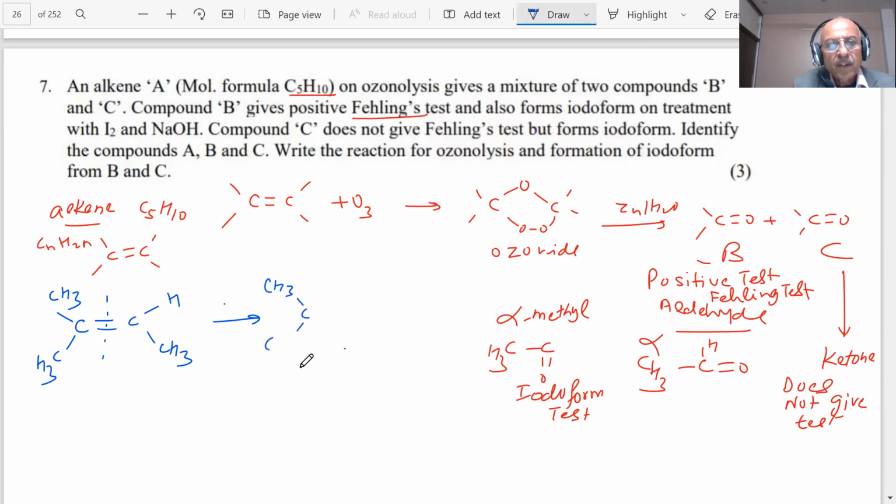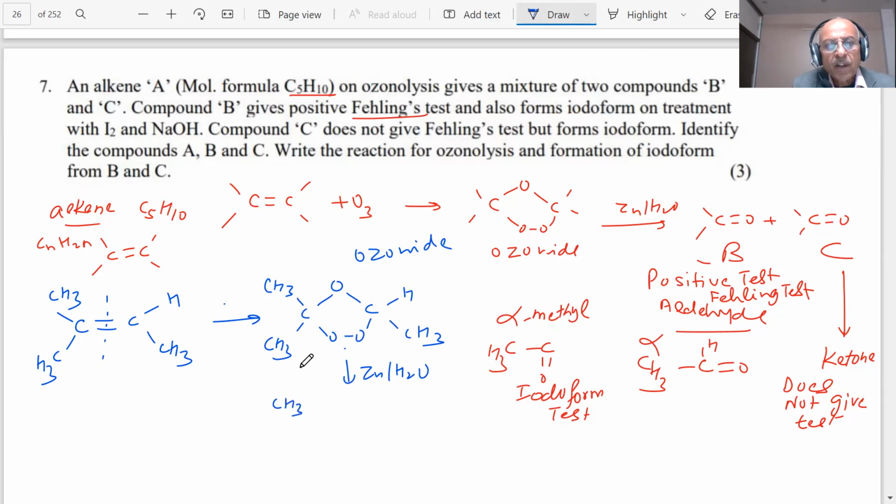CH3, CH3, O. Now this is an ozonide, and you know what the zinc does. Zinc will take one oxygen and then these bonds will break. So what you will get, students?